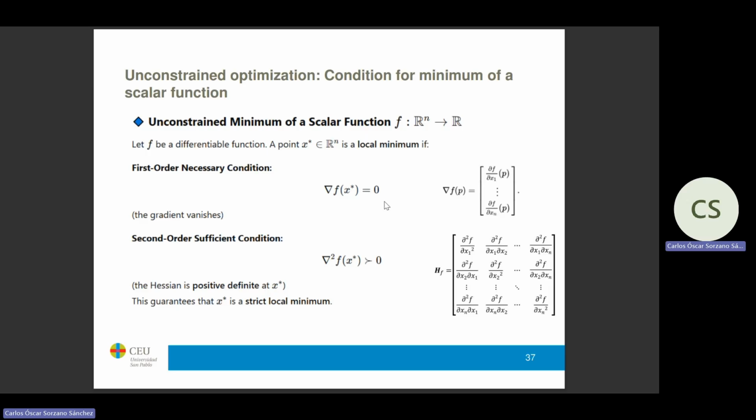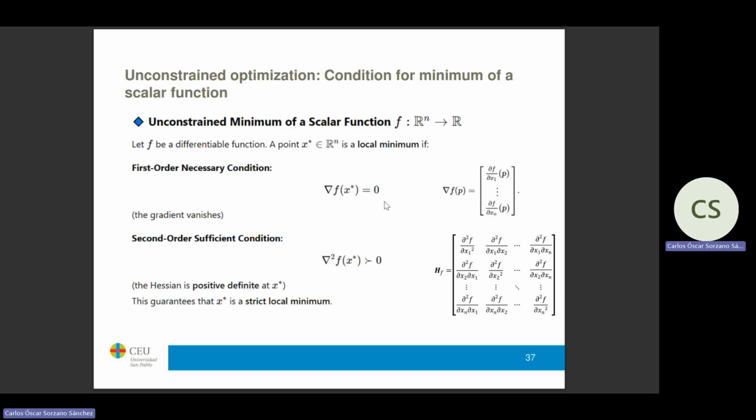They are the same thing. The condition that in one dimension was second derivative larger than zero is here that this matrix has to be positive definite. Positive definite means all the eigenvalues are strictly larger than zero. If all the eigenvalues are strictly larger than zero, then x star is a strict local minimum. Okay.